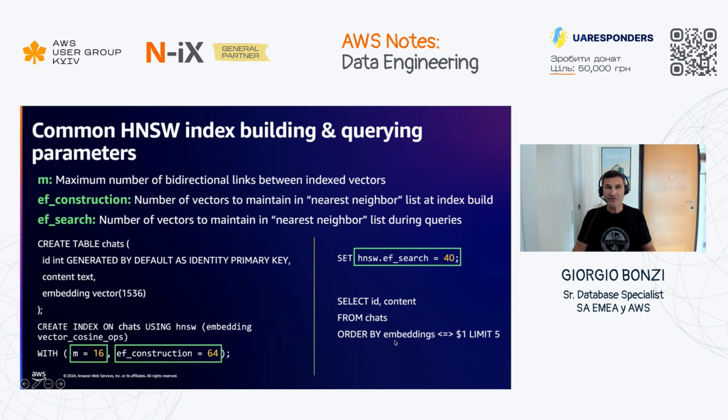And we will use the construct order by limit 5 to retrieve the 5 closest results to our input vector $1. So you can tune and increase this parameter in order to have a better recall.